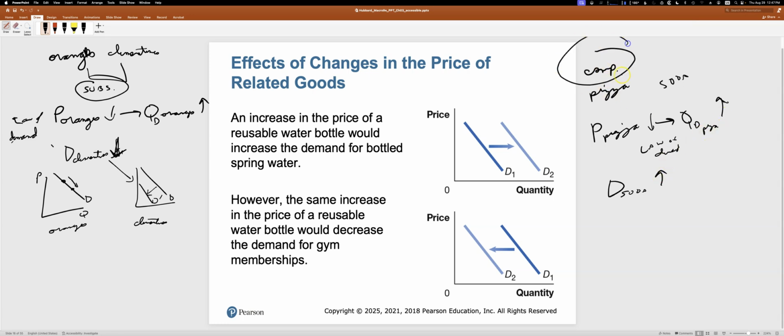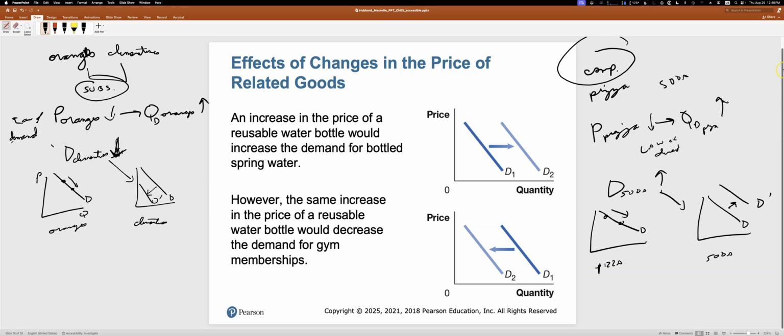Because these are complements, in the pizza market we see the same movement along the demand curve to the right, just as we had for oranges. But for soda, because of the complementary relationship between the two, the demand will increase, or shift to the right.